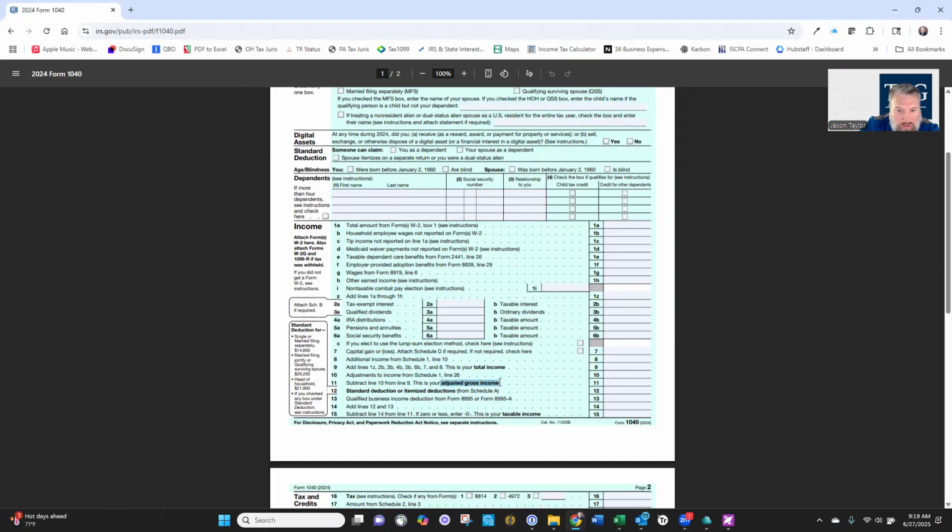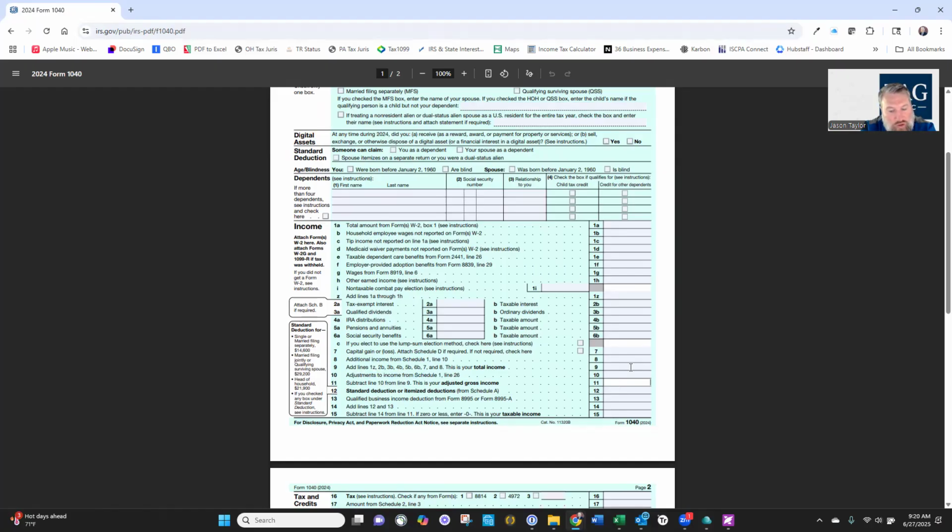Then you have what's called adjusted gross income. This is what everybody wants to see if you're looking for lending, going to the bank, anything like that. Everybody asks for AGI, or adjusted gross income. That's right here on line 11. Basically, that is W-2 wages, dividends, interest, capital gains, business income, and then a few adjustments.